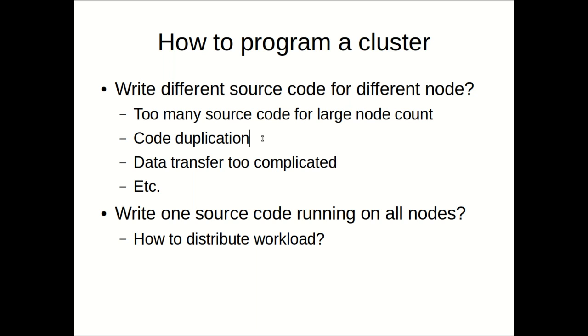So the logic that's going to be applied on those data is pretty much identical. You're just dealing with different portions of data, but the logic is pretty much the same, which means that you're going to have code duplication if you decide to write different source code for different nodes.